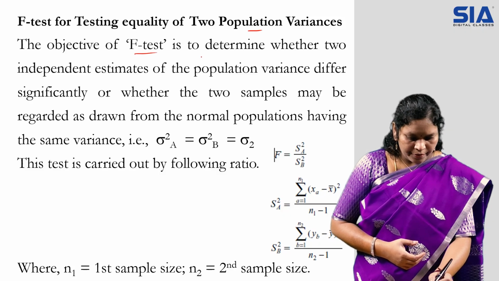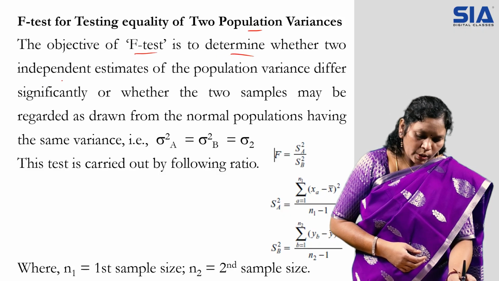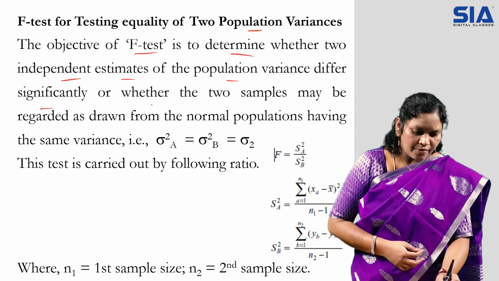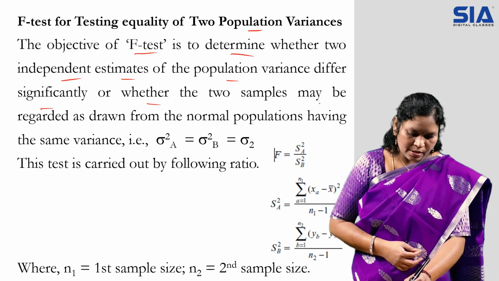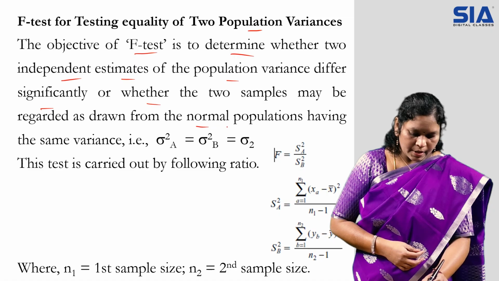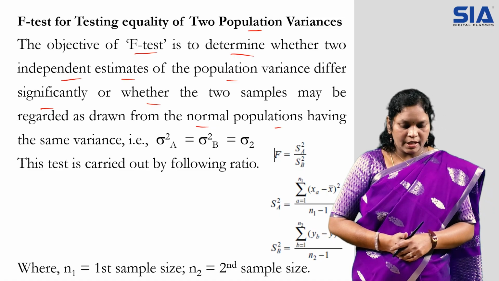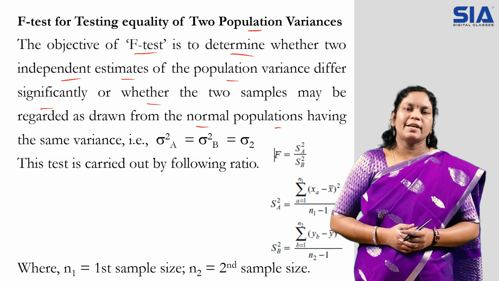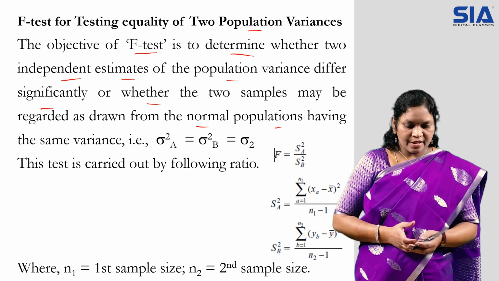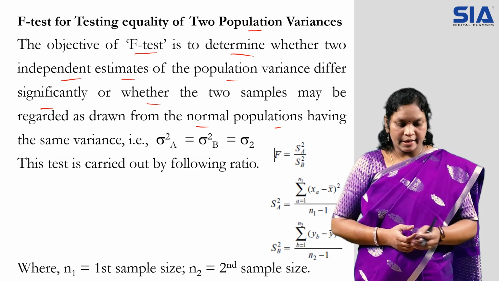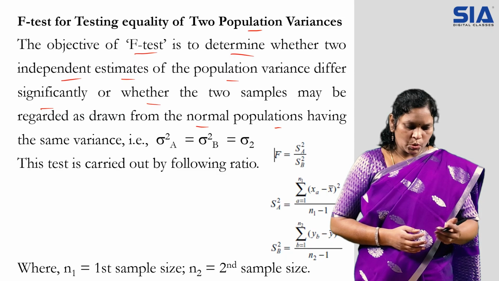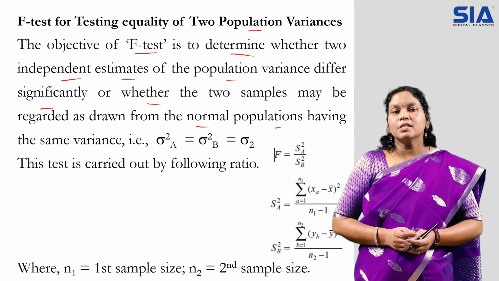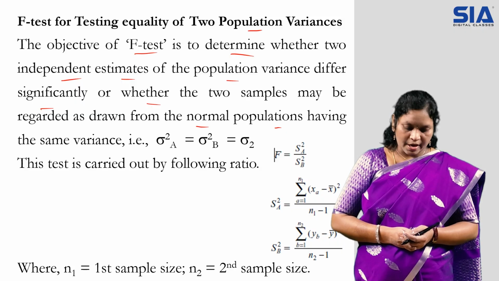The objective of the F-test is to determine whether two independent estimates of the population variance differ significantly, or whether the two samples may be regarded as drawn from normal populations having the same variances. So just now in the introduction I said we'll check the variances here. Independent estimates means population variances which may differ significantly from one another.